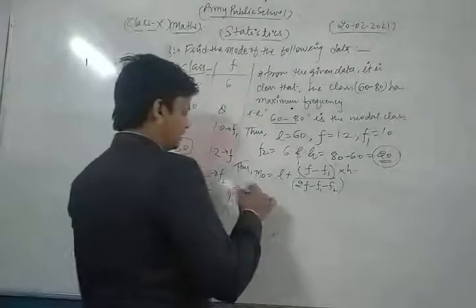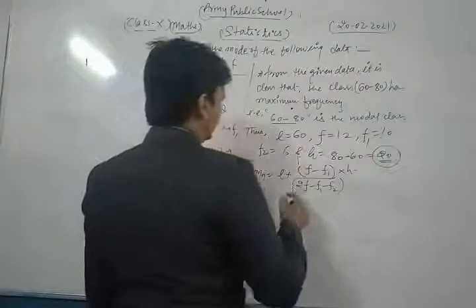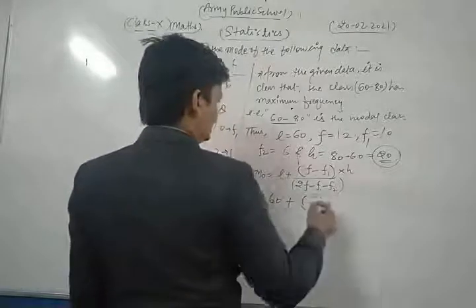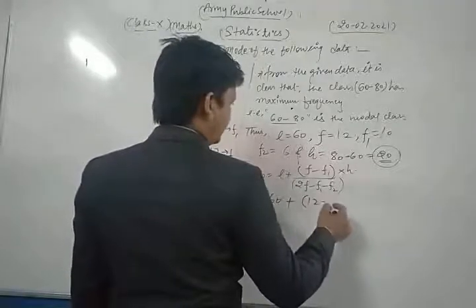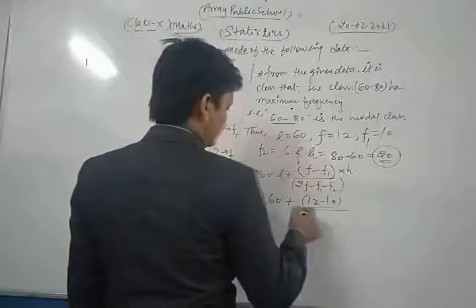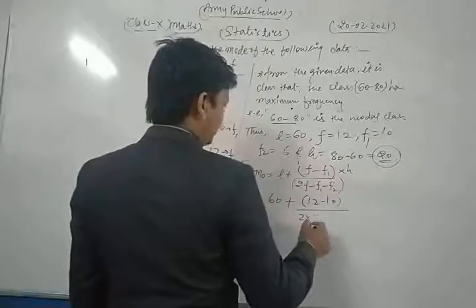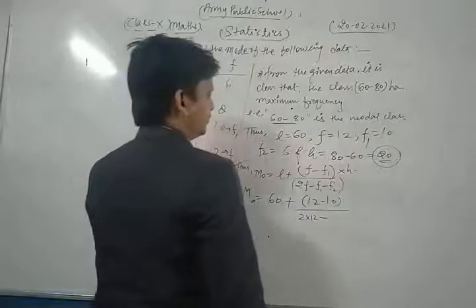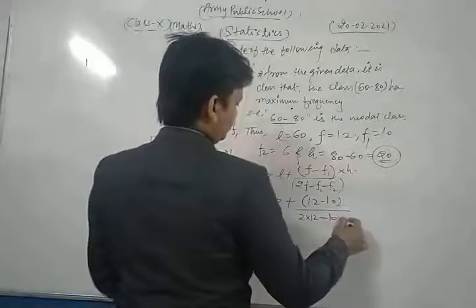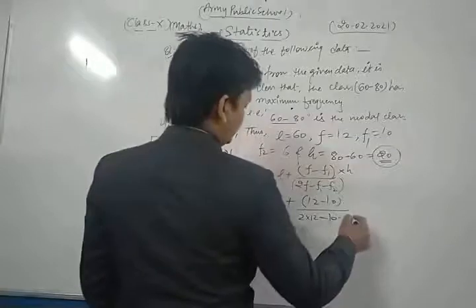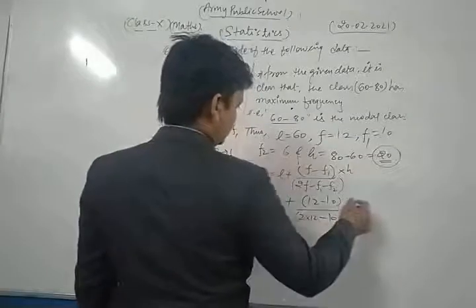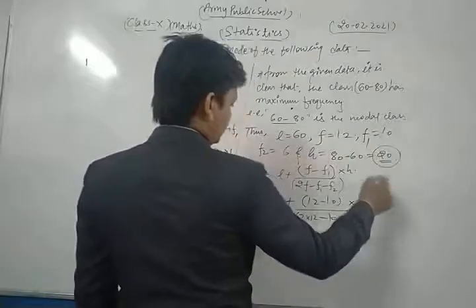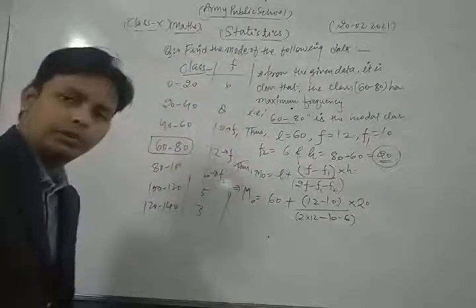Mode is L, which is 60, plus F, which is 12, minus F1, which is 10, upon 2 into 12 minus 10 minus 6, into H, which is 20.